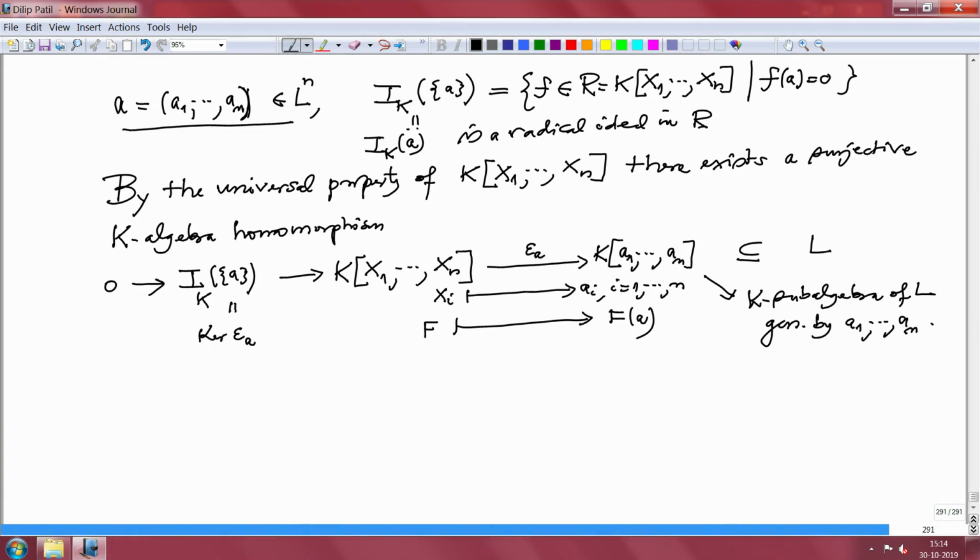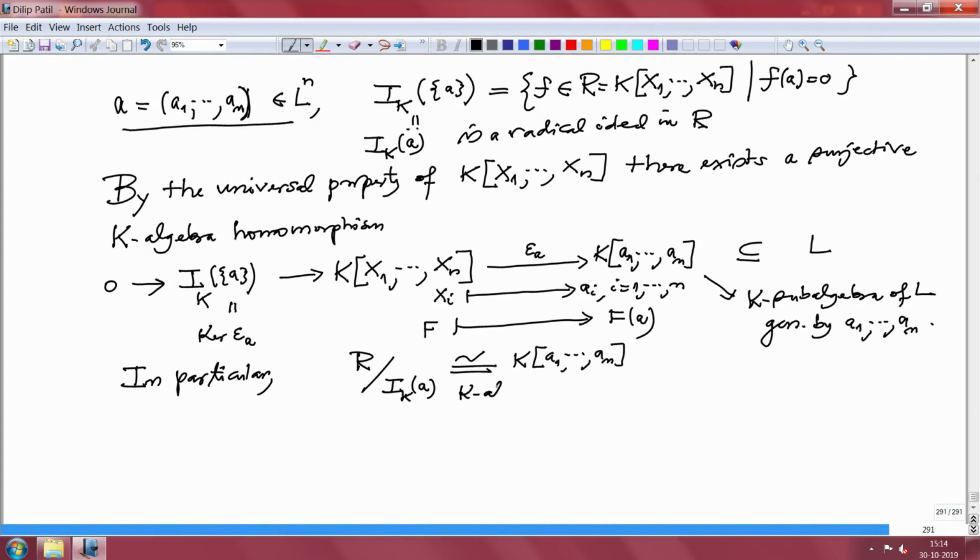So therefore I have this exact sequence. In particular, what do we get? This is R. So R modulo I_K(a) is isomorphic to K[a_1, ..., a_n], and this isomorphism is a K-algebra isomorphism.